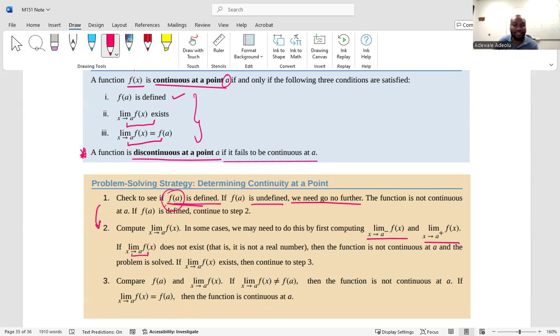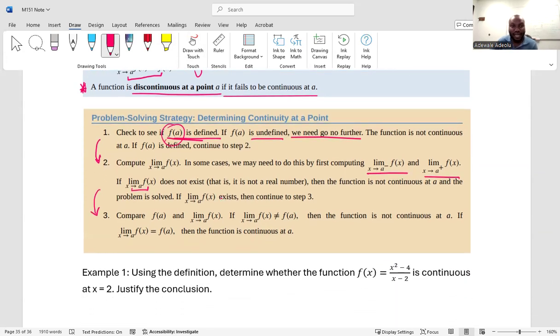But if it is the case that the limit exists and it is a real number, then we move on to the last step, which is: that value of f of a and the limit that we find, are they the same? If they are the same, then we say the function is continuous at a. If they are not, then it turns out that, well, f of a is defined, the limit exists, but since they are not the same, the function is still not continuous at a.